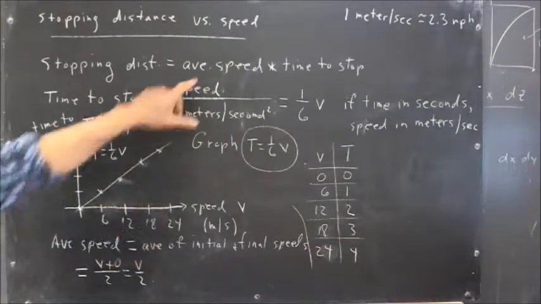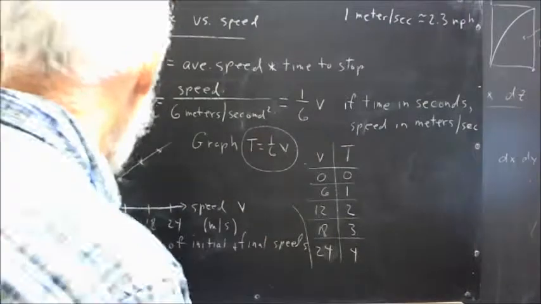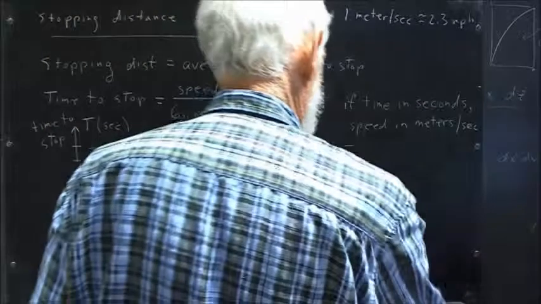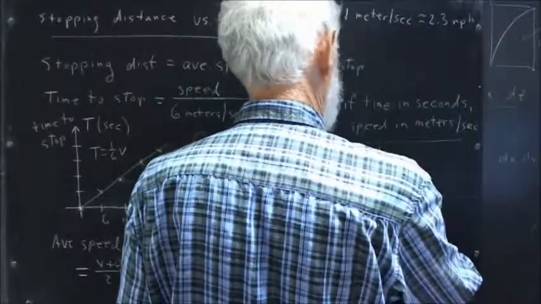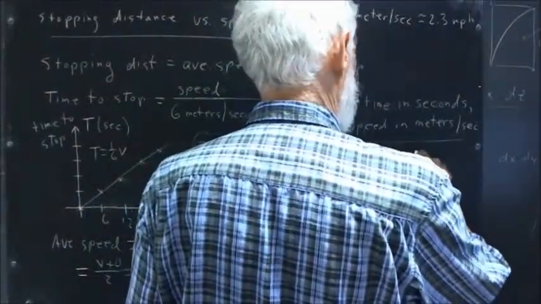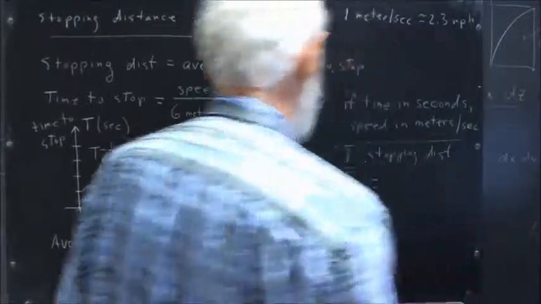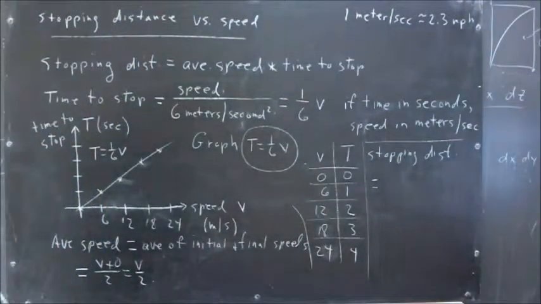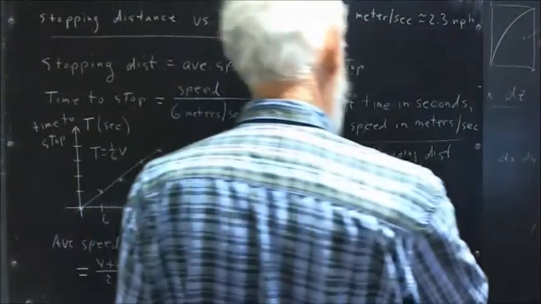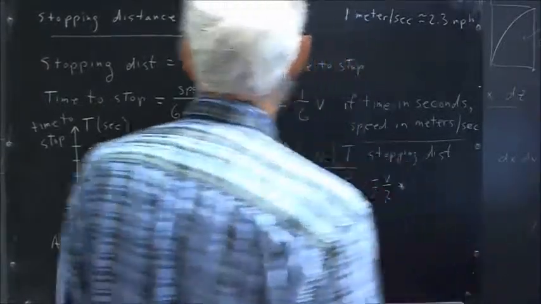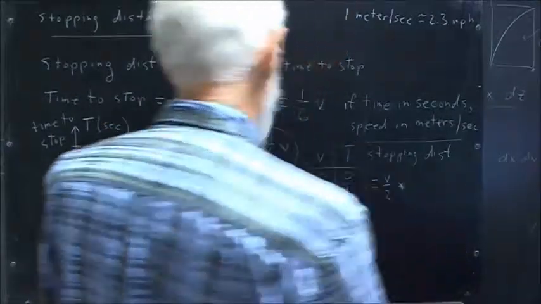So now we want our average speed multiplied by the time to stop to get the stopping distance. So the stopping distance equals average speed, which is v over 2, multiplied by the time to stop, which is 1/6 v.